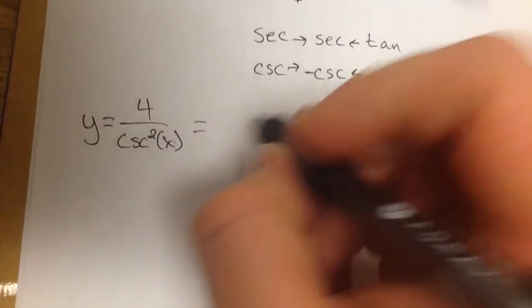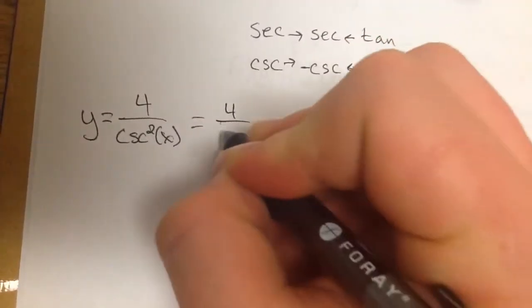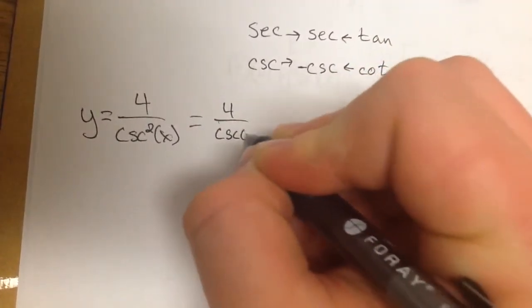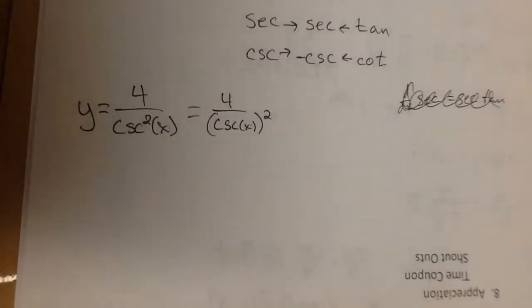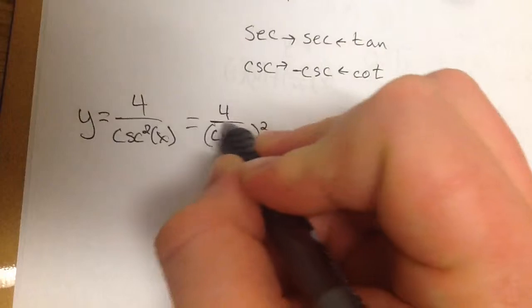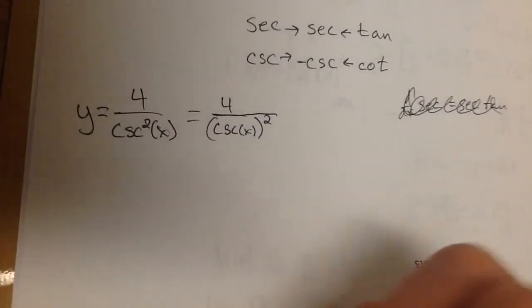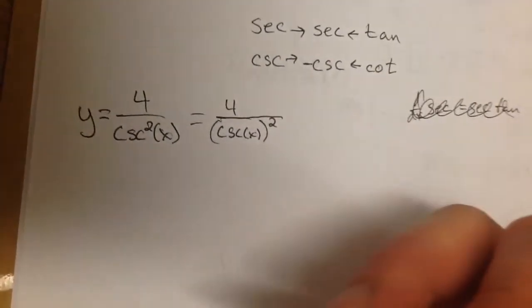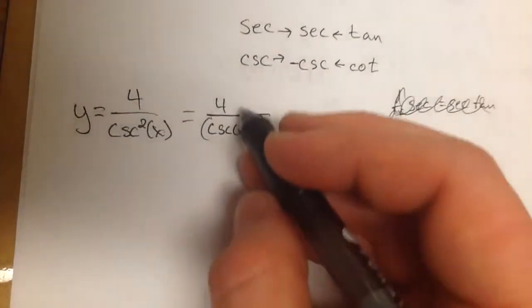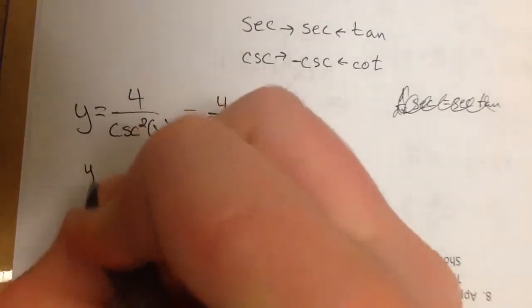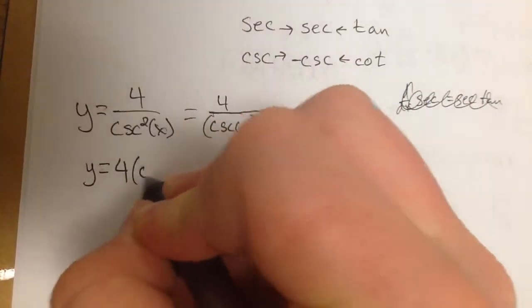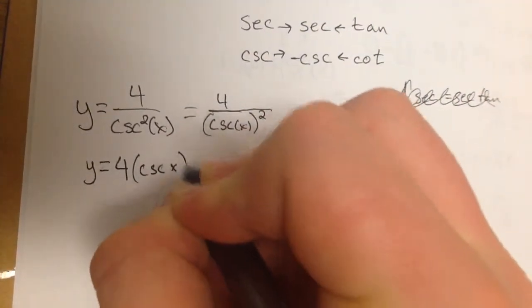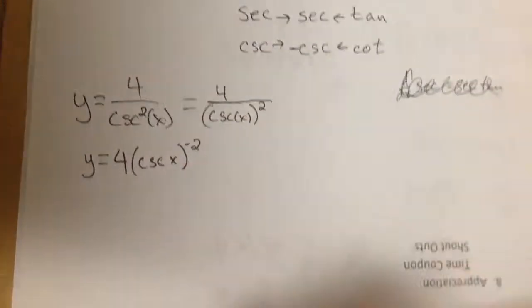Remember I told you if you see a trig function squared, rewrite it as cosecant of x, that's the whole thing squared. You might try quotient rule. But if not, even better would be to just rewrite it as 4 and bring that up, cosecant of x to the negative second power.